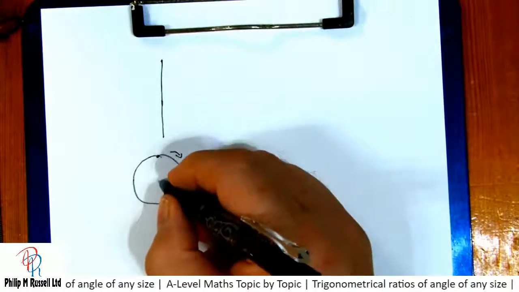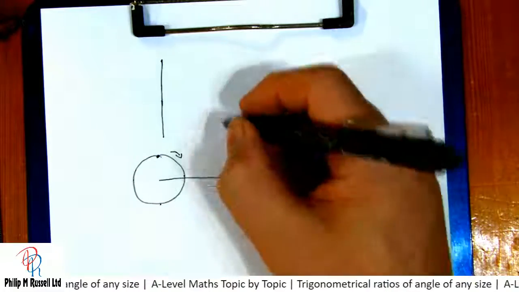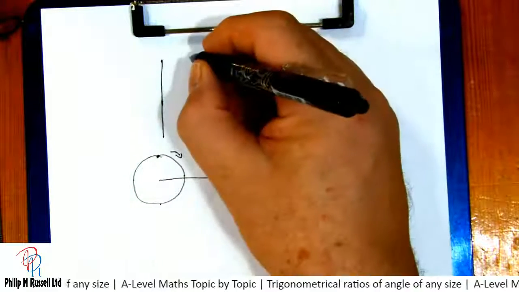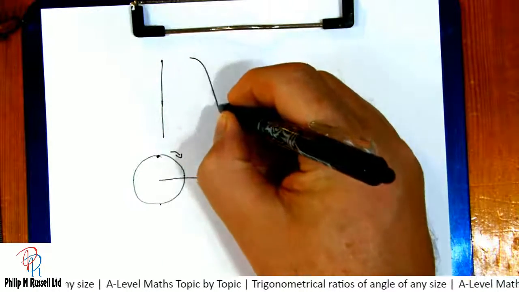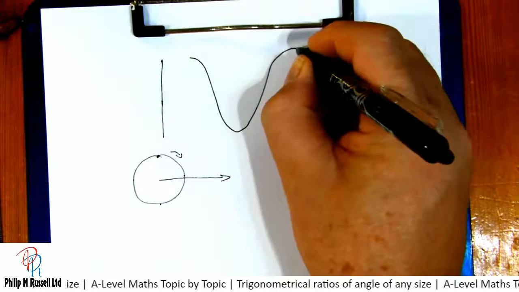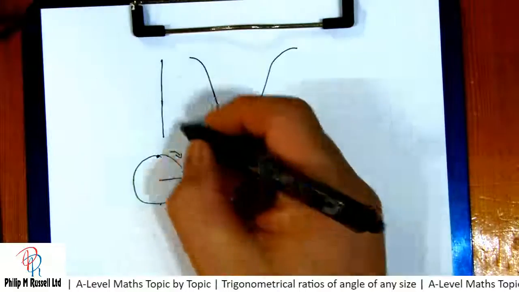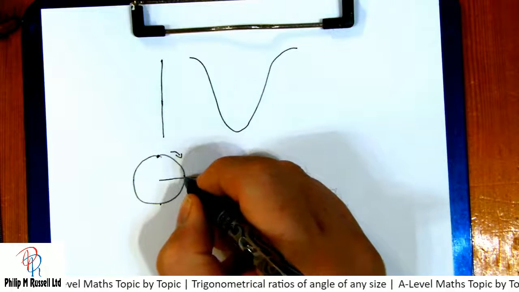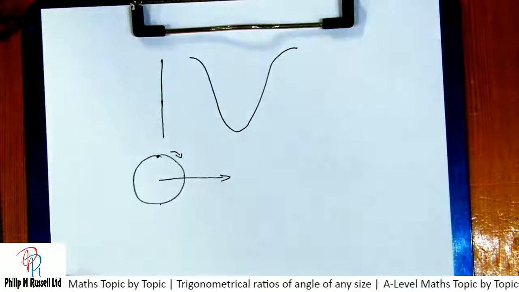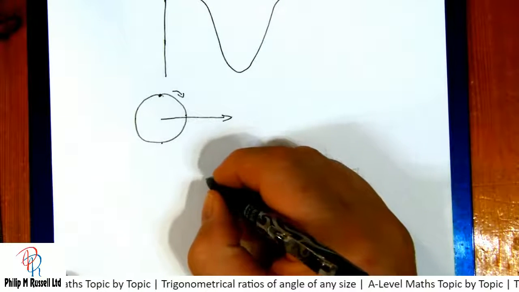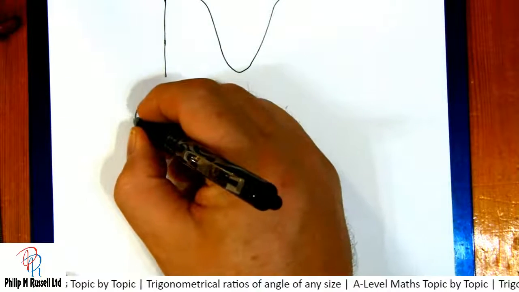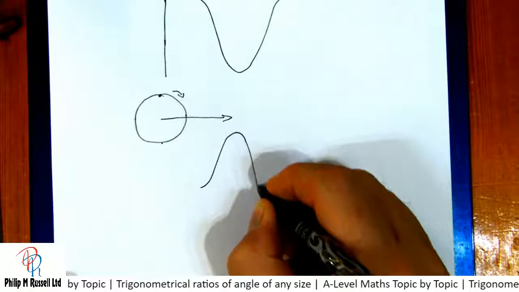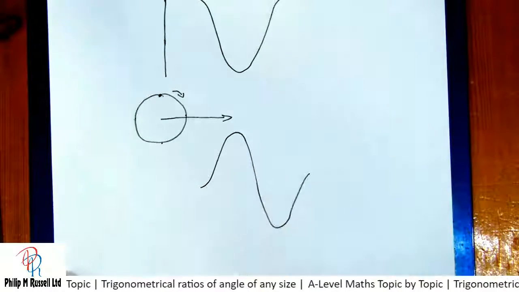If at the same time we move this one along, then what we find, if we start up here, is a cosine curve, and if we start at this point, then we would get, doing the same thing, so we'd start over here going up, a sine curve.